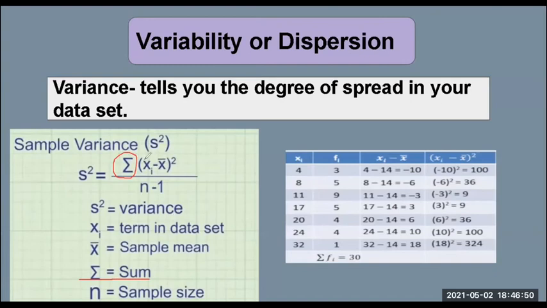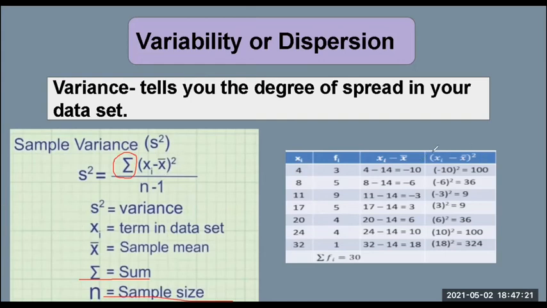And this is our absolute value minus our mean, x bar, and it will be squared. So sigma of x minus mean squared over n minus 1. So n is the number of sample size, or our participants.